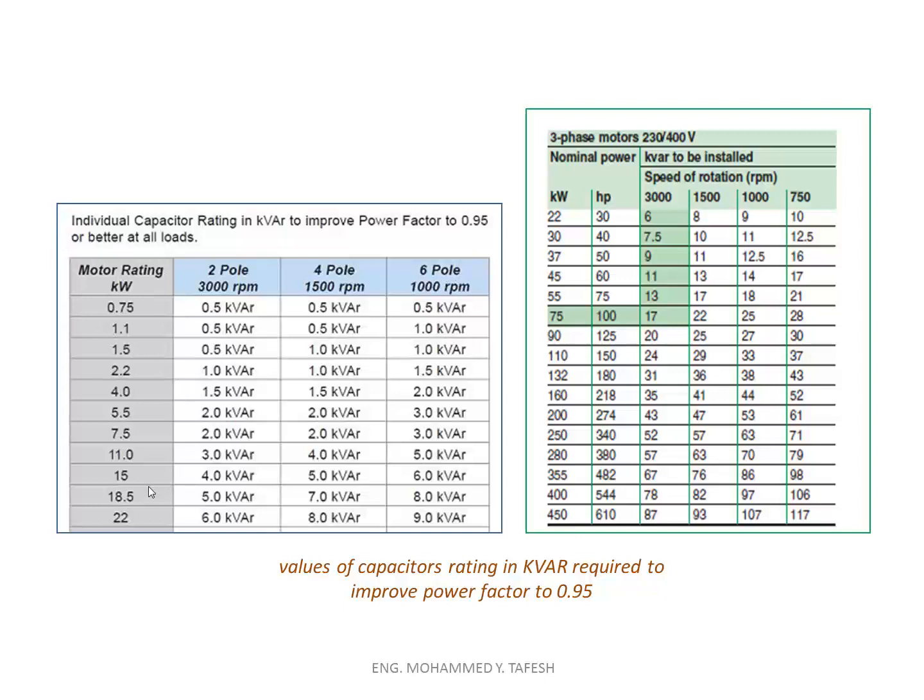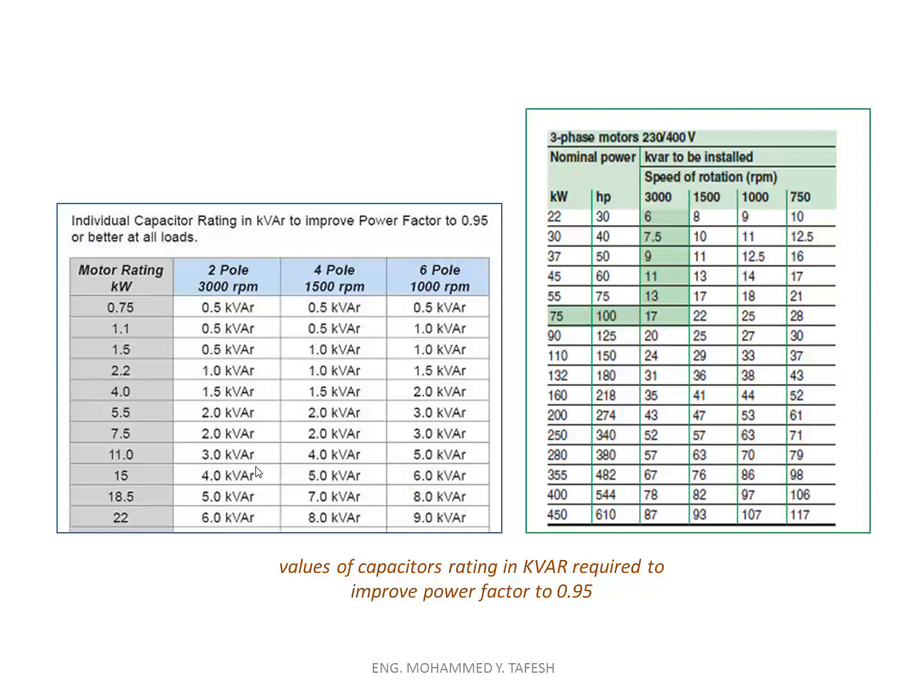If you have a motor of 15 kilowatt operating at a speed of 3000 revolution per minute, it needs 4 kVAR.